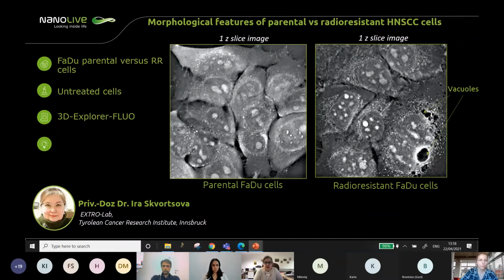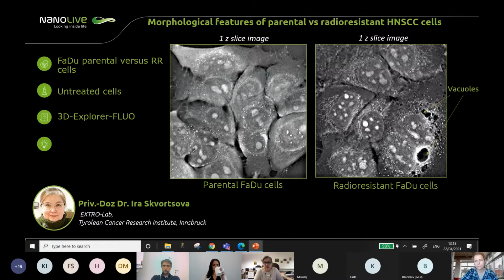As an example, we have compared head and neck carcinoma cells with different radiation responses. Parental cells demonstrated better radiation sensitivity, and radio-resistant cells demonstrated radiation resistance.